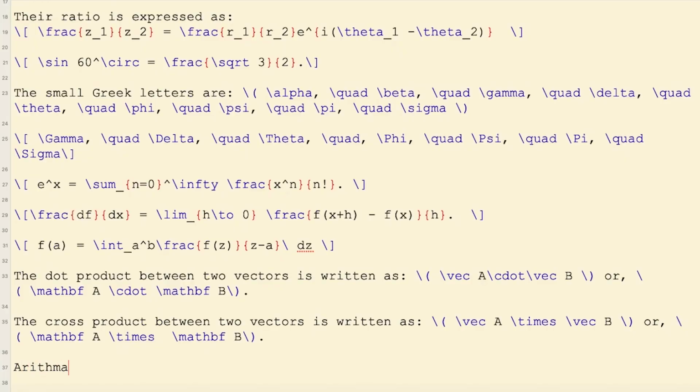Now let's look at the relational operators. They are not equal, less, greater, less equal, greater equal, approx, sim and equivalent.